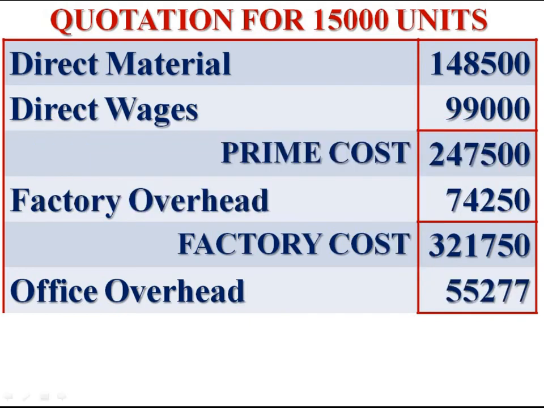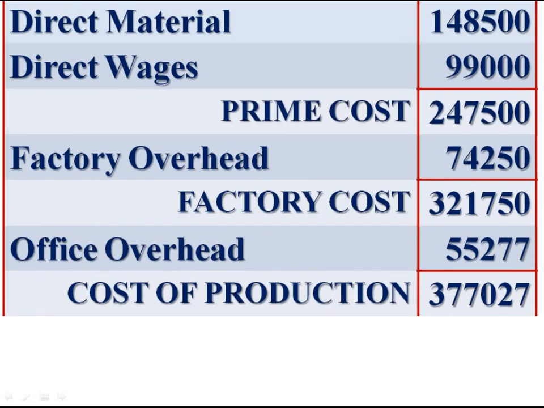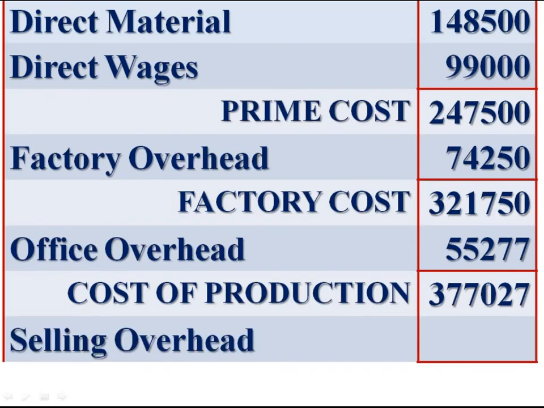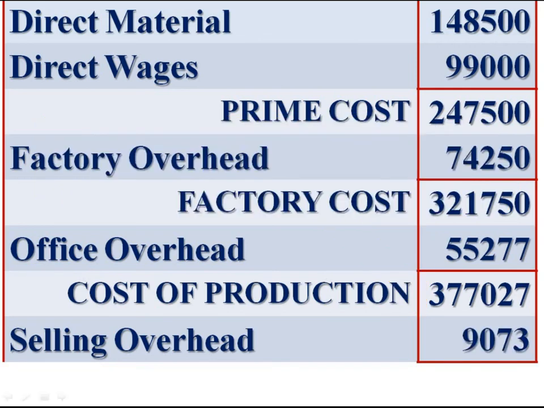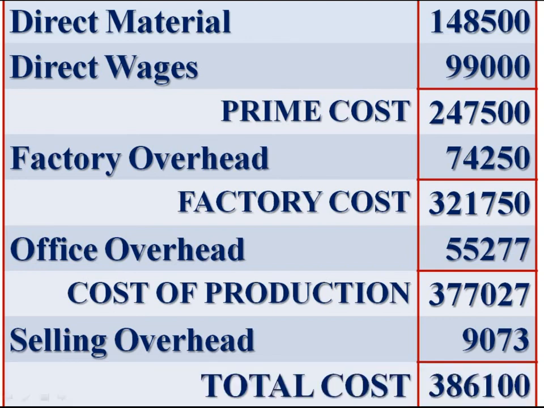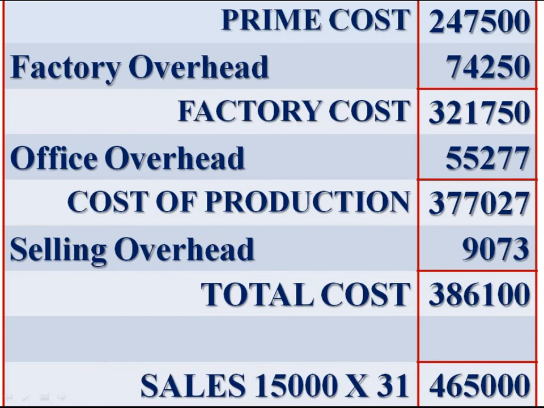We get 55,277. Add it, we get cost of production. Add selling overhead. It is 2.82% of factory cost. 3,21,750 into 2.82%, 9,073. Add it, we get total cost 3,86,100.